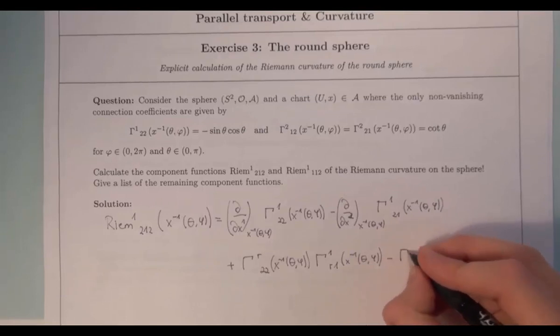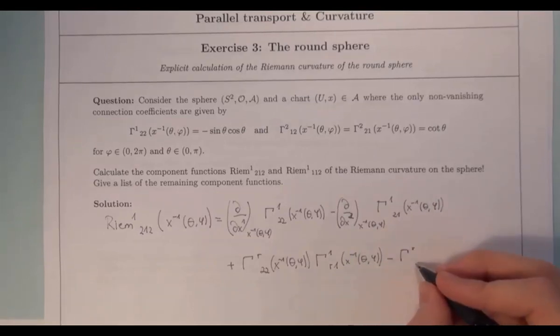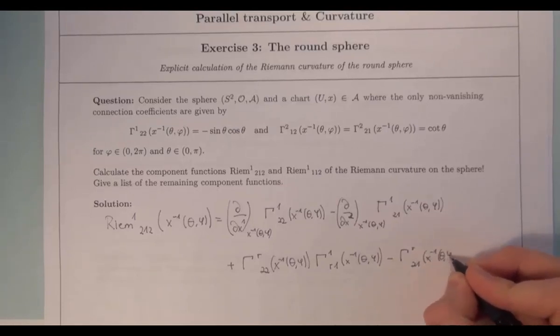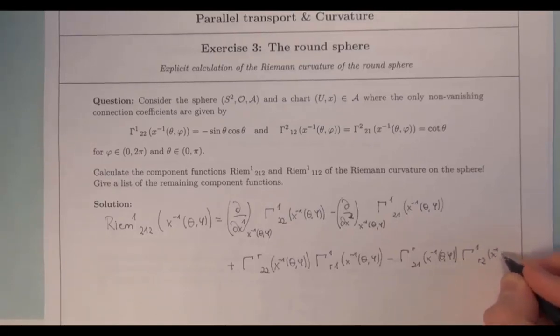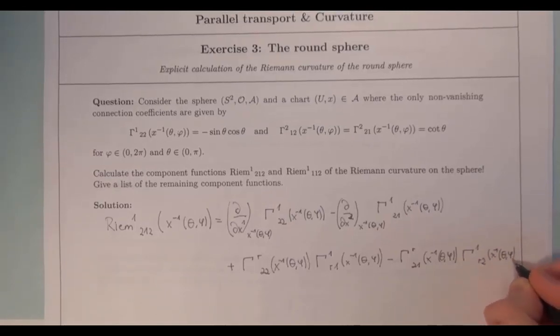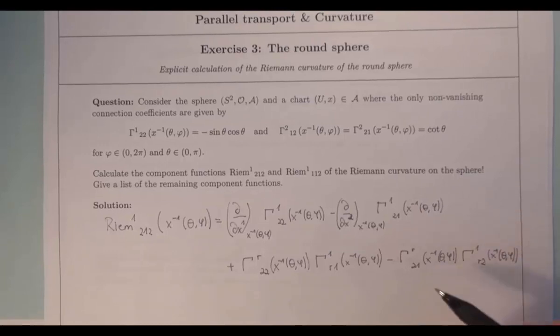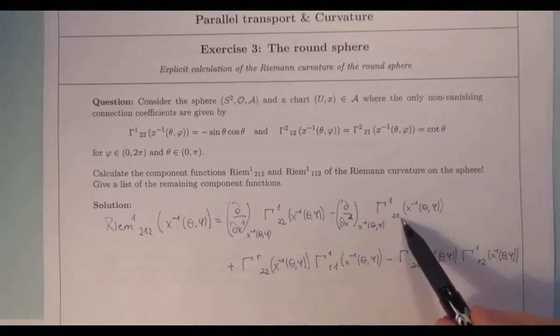And we get a minus, the r has to stay for the moment. We get 2, 1 at x inverse of theta and phi, and the gamma of 1 r 2 at x inverse of theta and phi.